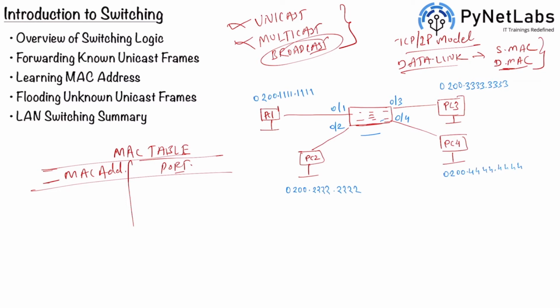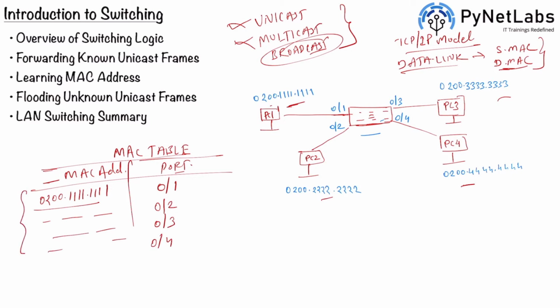So if you have 4 devices in this topology which have certain MAC addresses and the port numbers they're connected with, the switch will maintain the details in its MAC address table. So it would build up a MAC table: the PC that has this MAC address is connected to 0/1, and then certain other MAC addresses are connected to 0/2, and then 0/3 and 0/4.